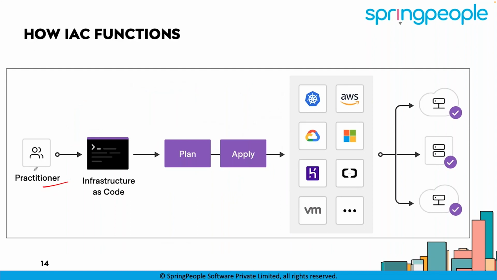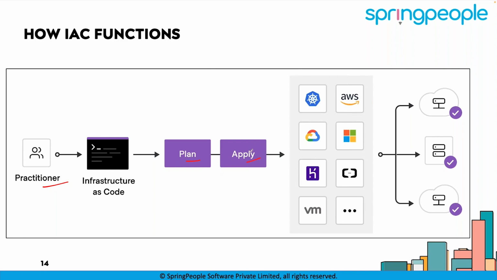Either a developer or an infrastructure person is going to write infrastructure code, and he's going to plan, and in the plan he'll come to know what is working, what is breaking, what is enhancing, what is deprecating. Then, by looking at the result, he can revisit the code to tweak it, or he can choose to apply.